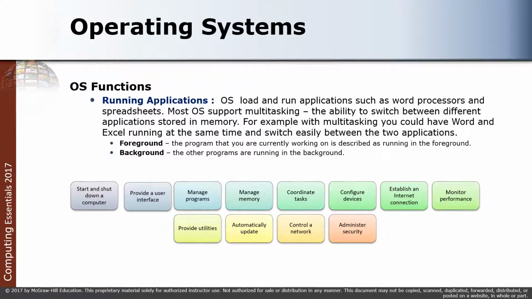Okay, here are various other operating system functions. You can see the next one is running application, meaning that when you want to start an application, for example, you want to open Microsoft Word, you just click Microsoft Word. So what happens after you click Microsoft Word is in the hands of the operating system.